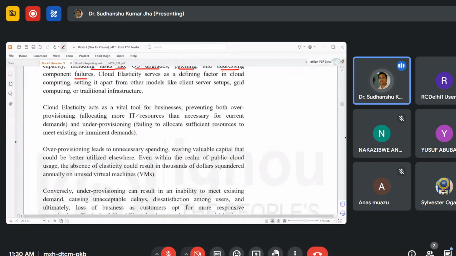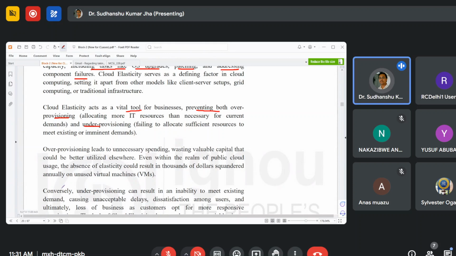So elasticity acts as a vital tool for businesses, preventing both over provisioning and under provisioning. If it is under provisioning, and the extra resources required are not available to the cloud service provider, then what will happen?